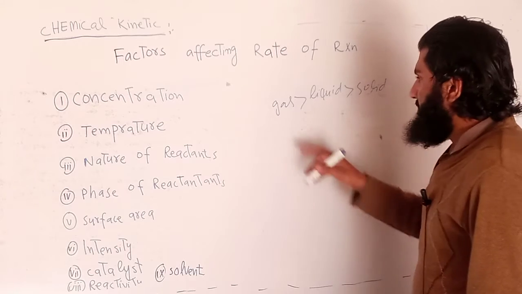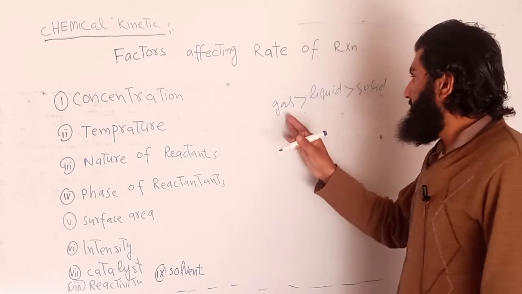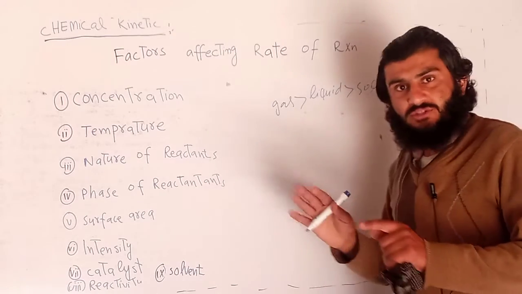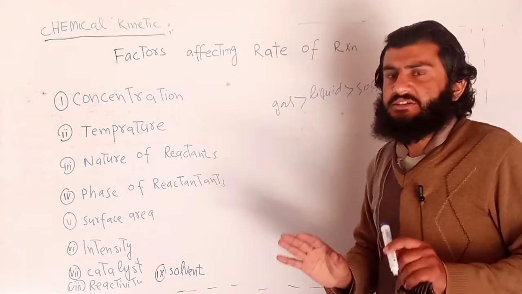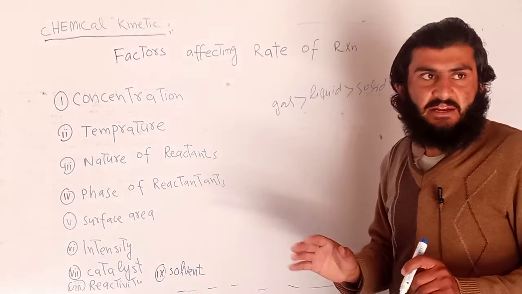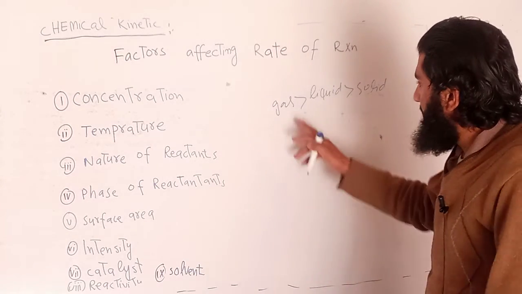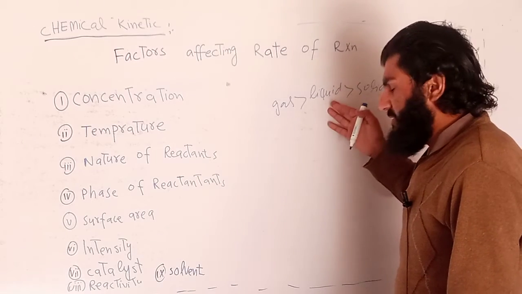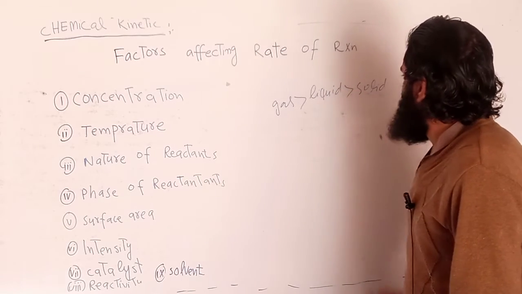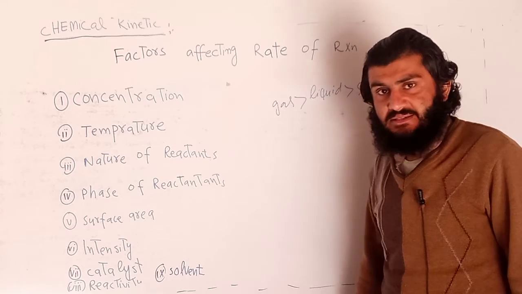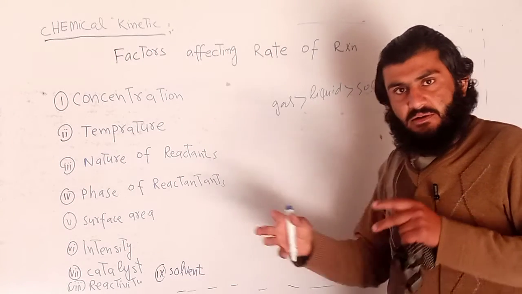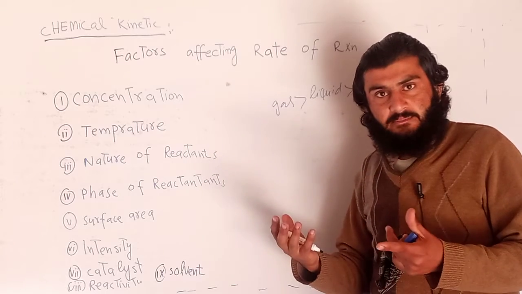So the rate of reaction for a gas is higher than liquid, which is higher than solid. In most cases, not all cases. Clear? This is because the rate of reaction depends upon the number of collisions per unit time.